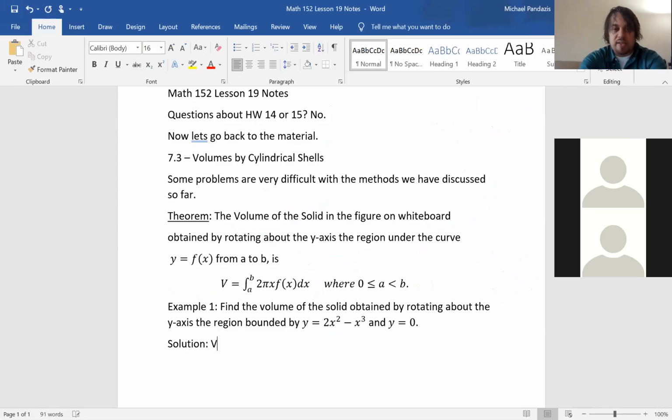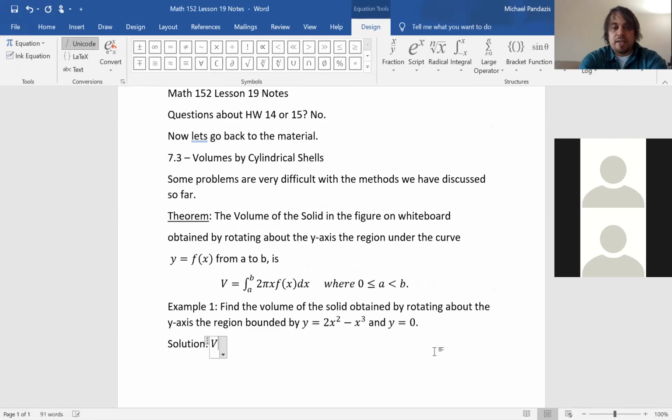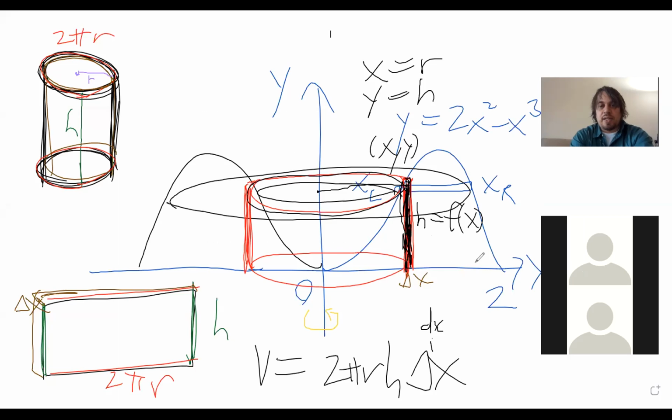So the solution is that the volume of that region is equal to the definite integral from a to b of this thing. Now a is 0 and b is 2, and that's because the graph crosses the x-axis at x equals 0 and x equals 2.